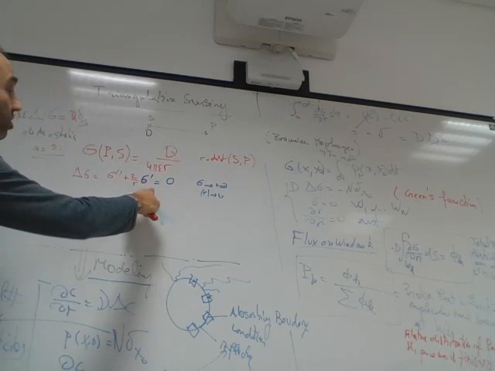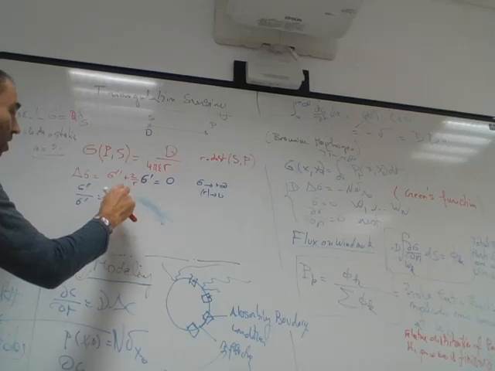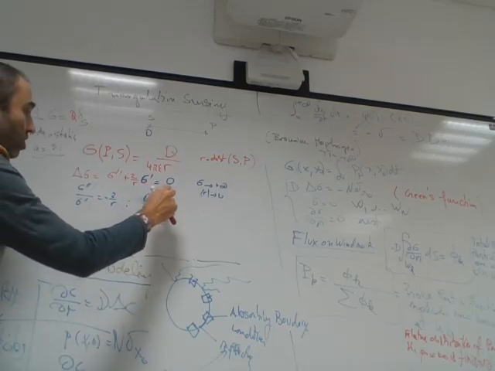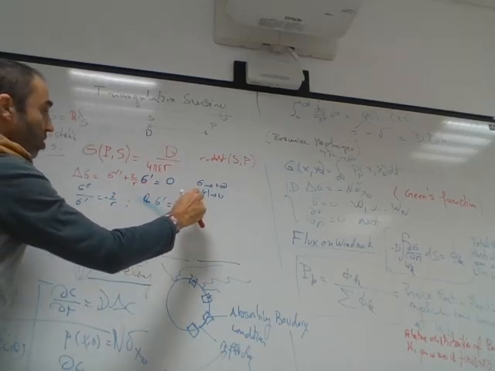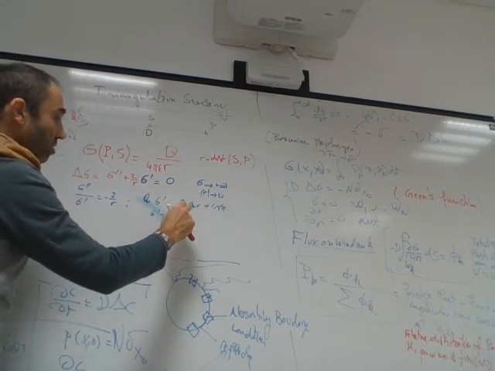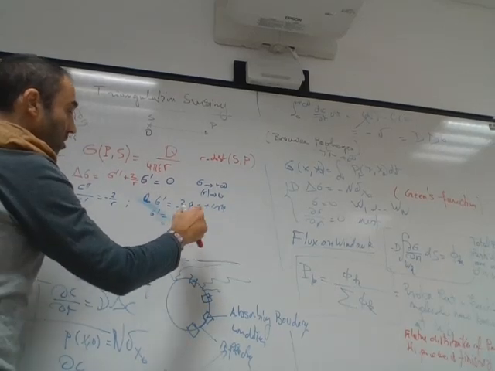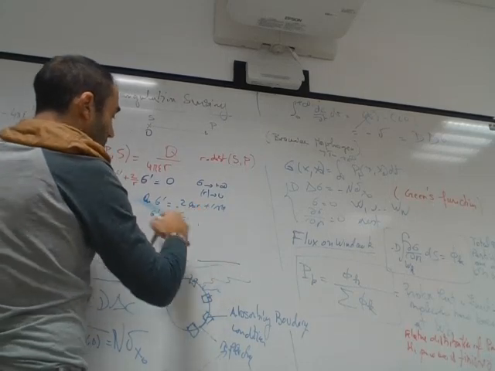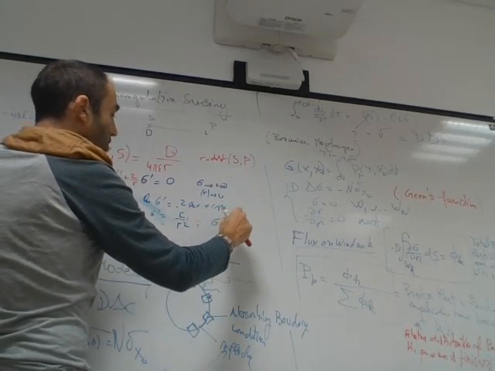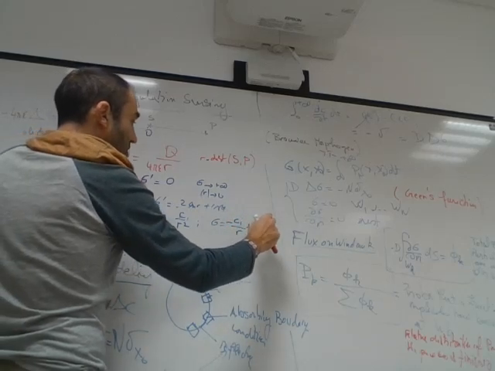So how do you solve this equation? That's not very hard. G second divided by G prime equals minus 2 over R. So log of G prime equals minus 2 log of R plus a constant. So G prime equals C1 divided by R squared. Now if you integrate one more time, you have G equals minus C1 divided by R plus a constant C2.